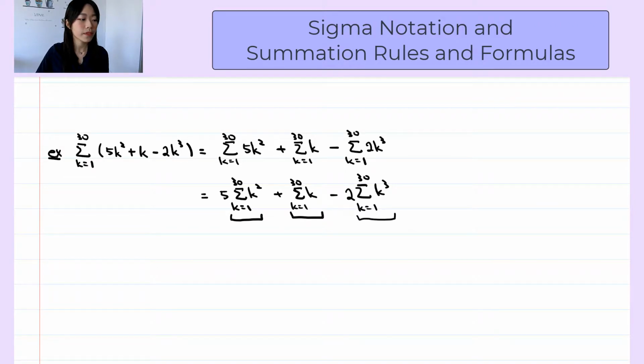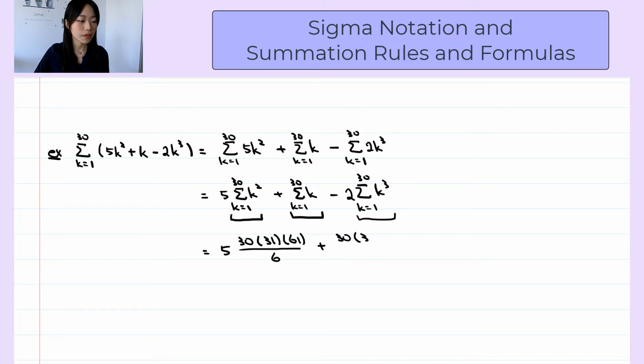and this. So this equals to 5 times the sum of k squared, and the formula for that is n, which is 30, times n plus 1 times 2n plus 1 over 6, plus the sum of k, and the formula for that is n times n plus 1 over 2, and n in this case is 30.